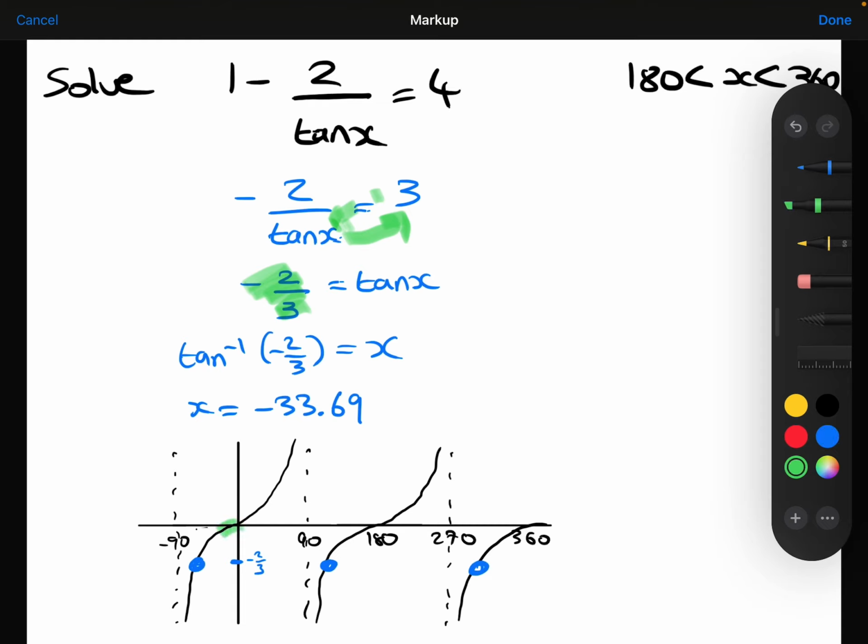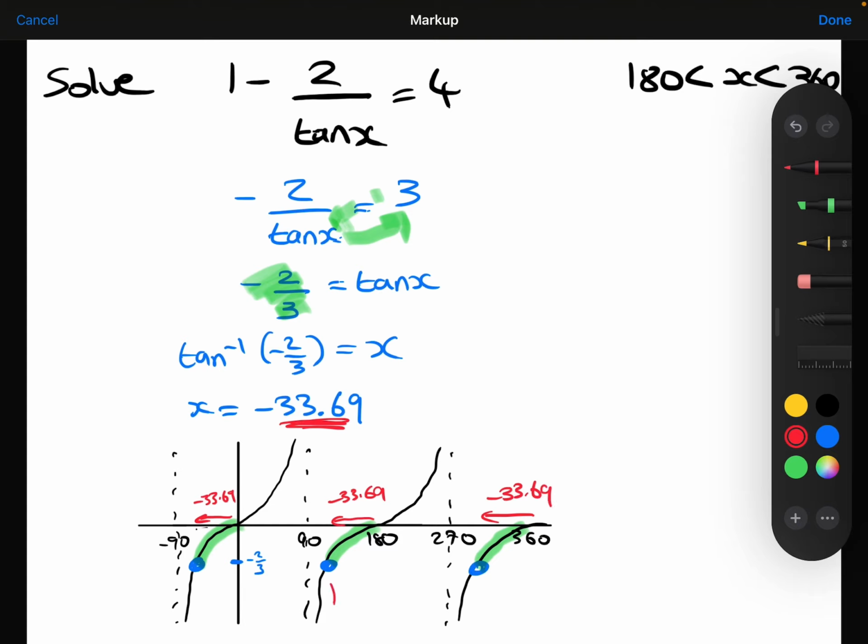Using the symmetry, I know this is the same as this, which is the same as this. Now my calculator told me that this first angle here is minus 33.69. So this would be minus 33.69. And this would be minus 33.69.